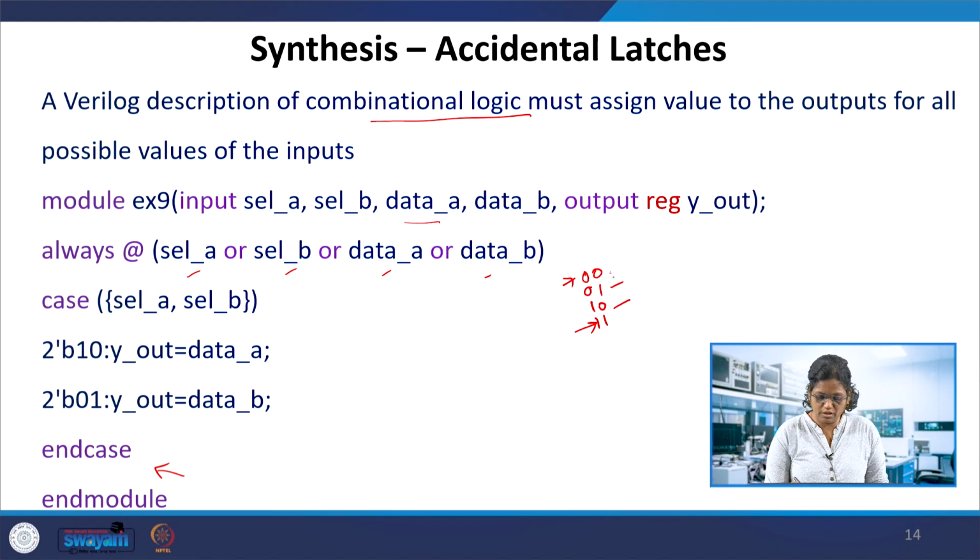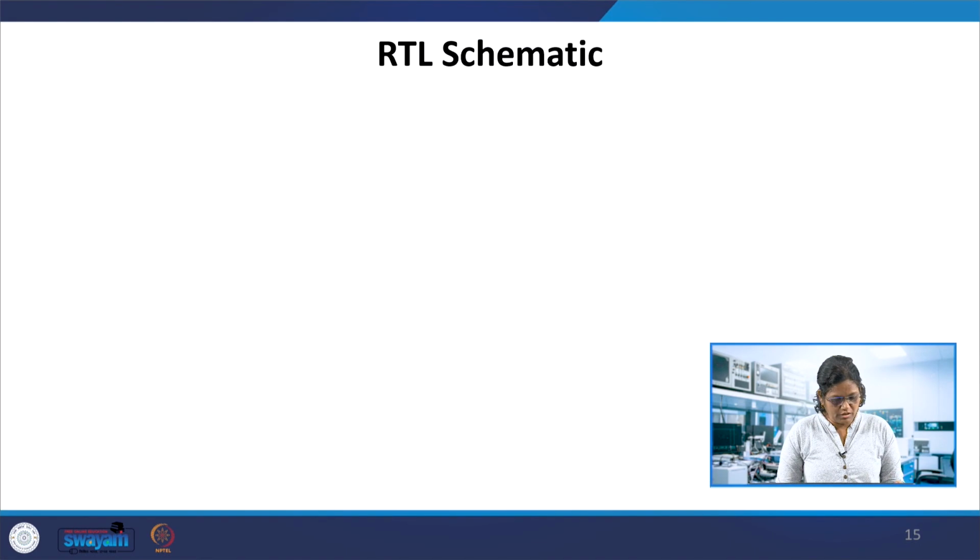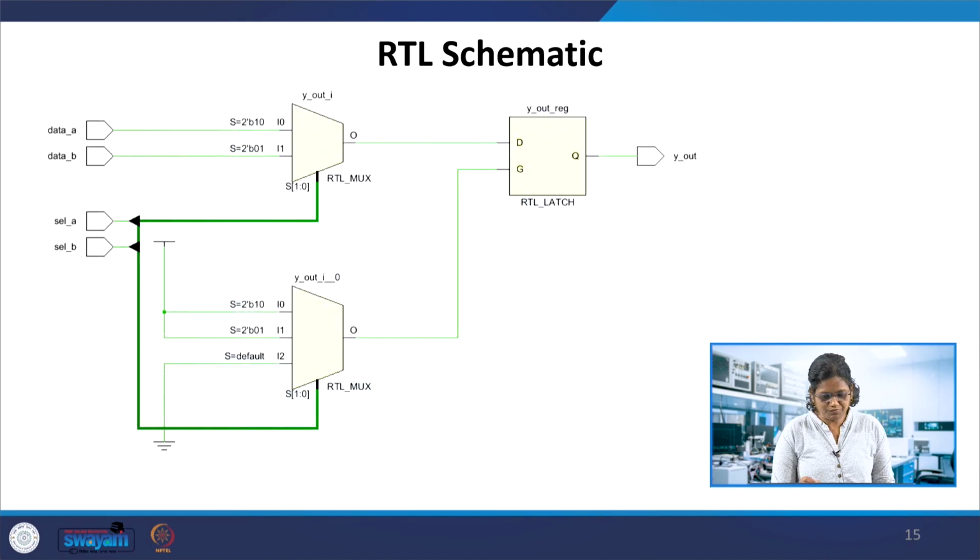It's okay if you don't give these combinations, but specify the default case so that there won't be a formation of latch. In this circuit, when we see the RTL schematic, you can clearly see the latch which is inferred because of the missing default case.